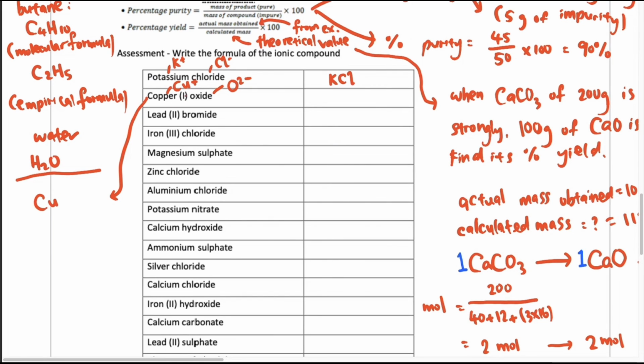It's copper 1, so that's why Cu positive. So look at the Roman numeral in brackets. It's 1 oxide, 2, so we exchange. Cu2.